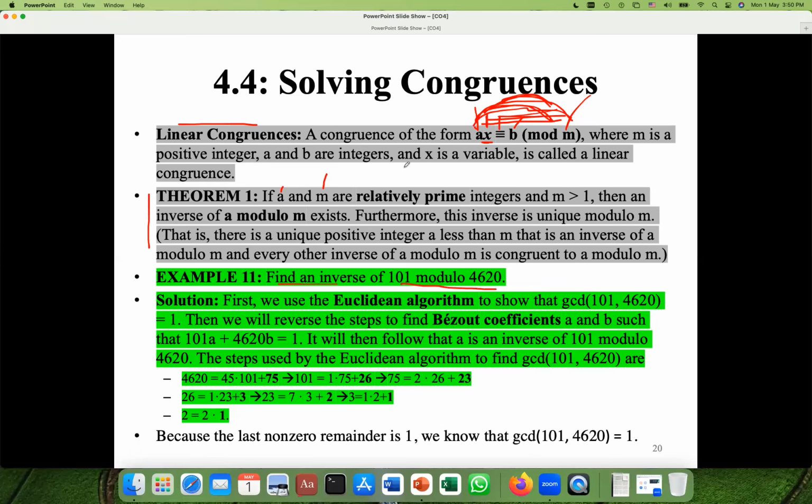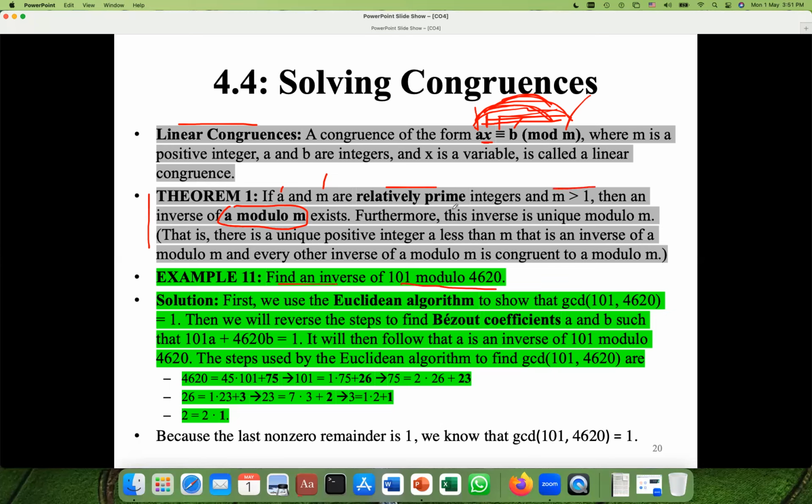Anyhow, theorem: if A and M are relatively prime integers, and something will be given to you in this form, A modulo M, then an inverse of A modulo M exists. So now there is no can or may. It must exist, if they are relatively prime and M is greater than 1.